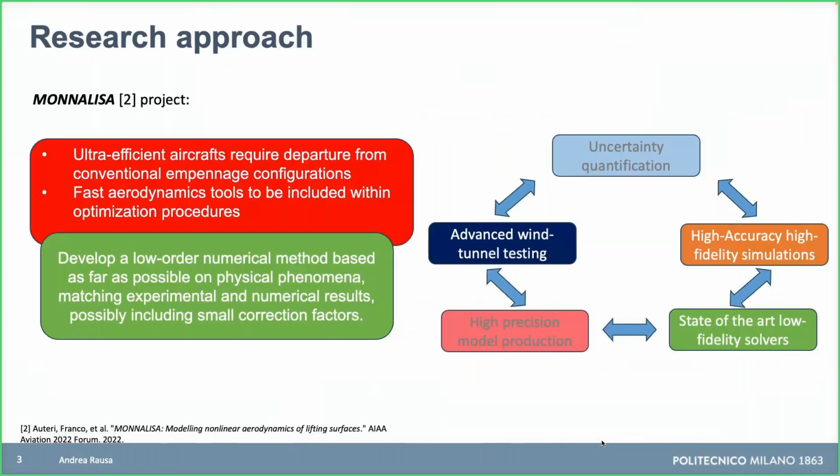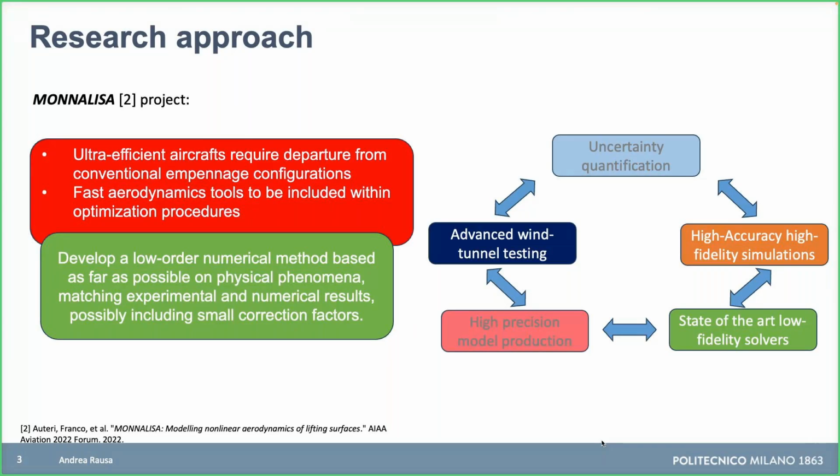So to assist in this problem, the Mona Lisa project has been devised by the European Union in partnership with Politecnico di Milano and other institutions, where we try to develop a lower-fidelity numerical method that is based as far as possible on physical phenomena, and will match experimental and numerical results, possibly including small correction factors.